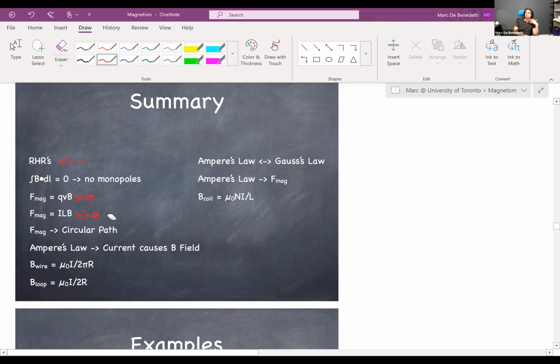We also talked about the trajectory of a moving charged particle in a magnetic field. It's a circular path. This is a result of the cross product between V and B, and you can predict that again using your right-hand rules. Then we talked about the third Maxwell's equation, Ampere's law. Ampere's law allows us to see, quote unquote, what the source of the magnetic field is.